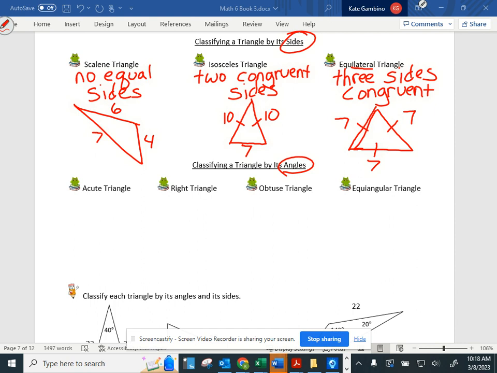So when it comes time to take the test and it says, what is an equiangular triangle? If you say all three sides are the same, is that correct? No, because angular is talking about the angles. You would have to say three congruent angles. So you need to know the difference between angular and lateral.